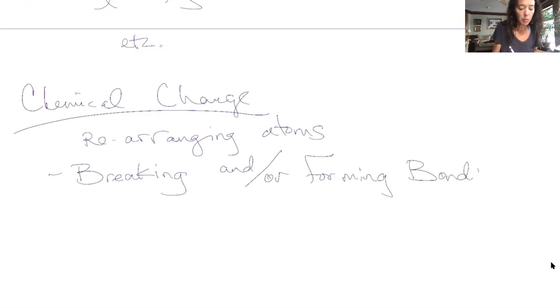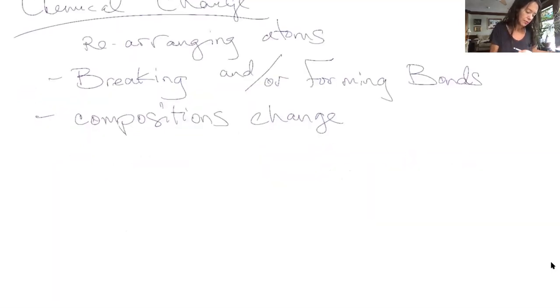I may just break bonds, I may just form bonds, or I may break these bonds and form new bonds. And in doing that, composition changes. What they're made of changes, okay? We'll talk about that again in a minute. And new substances with new properties are formed.